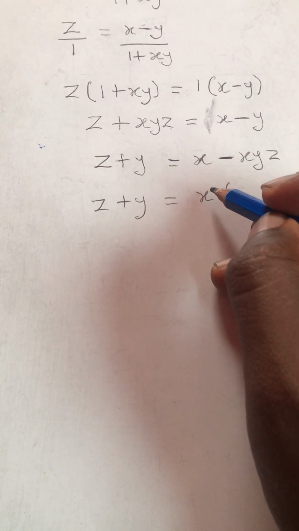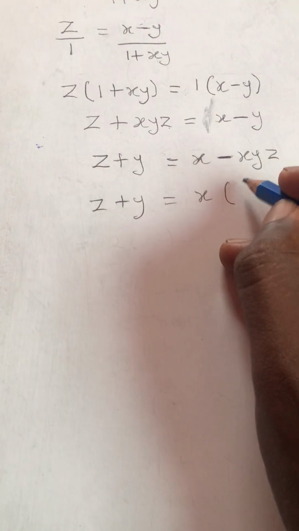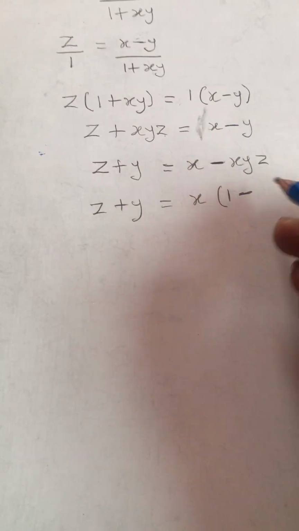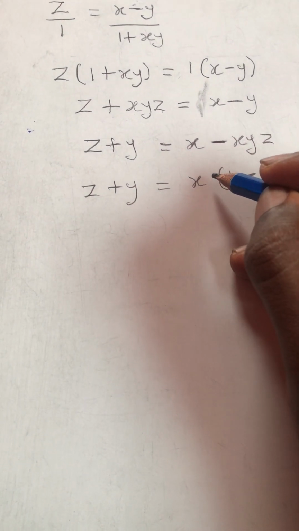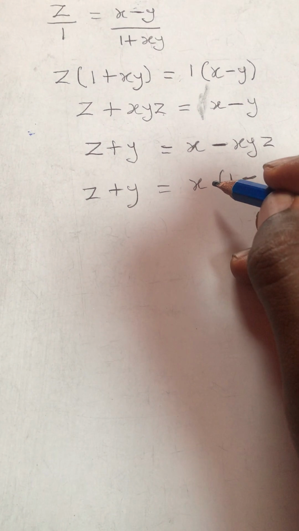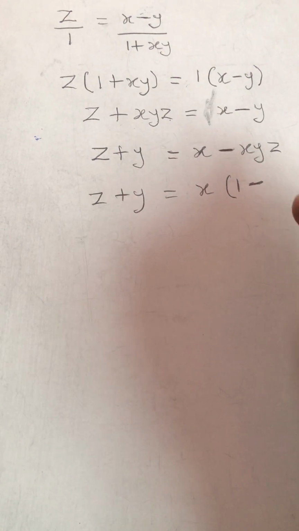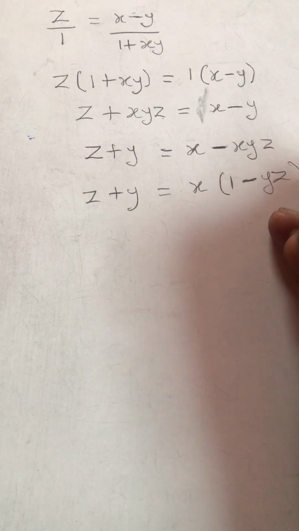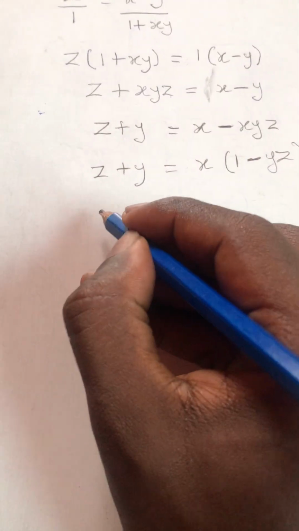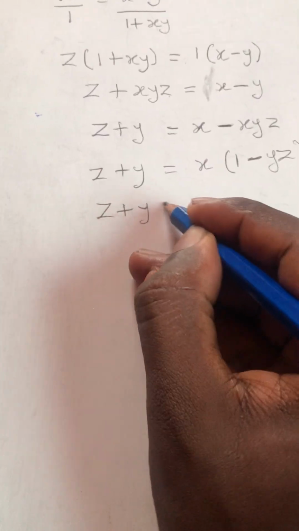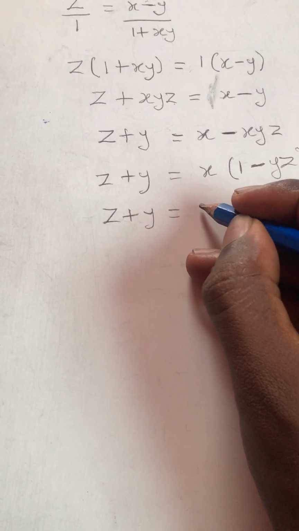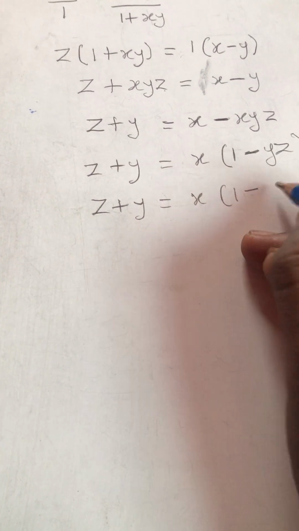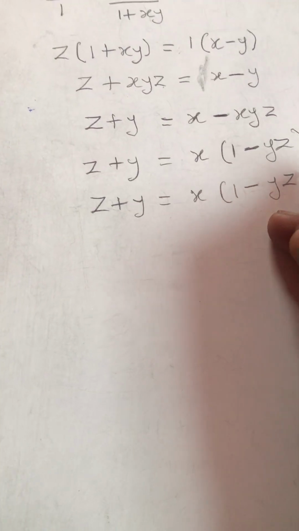Which number can multiply x for us to get x, which is 1, minus which number can factor out x for us to get xyz, which is yz. So we have our x to be x multiplying all in brackets 1 minus yz.